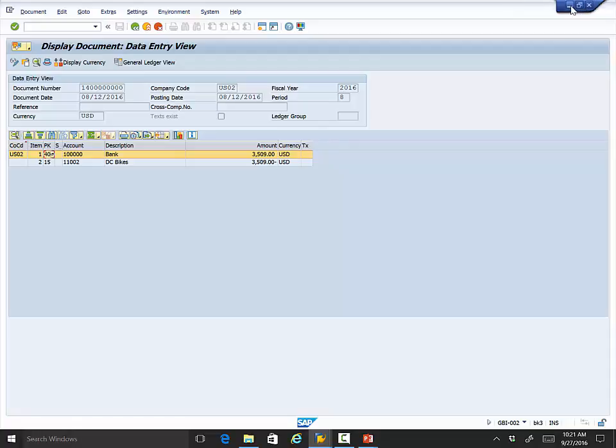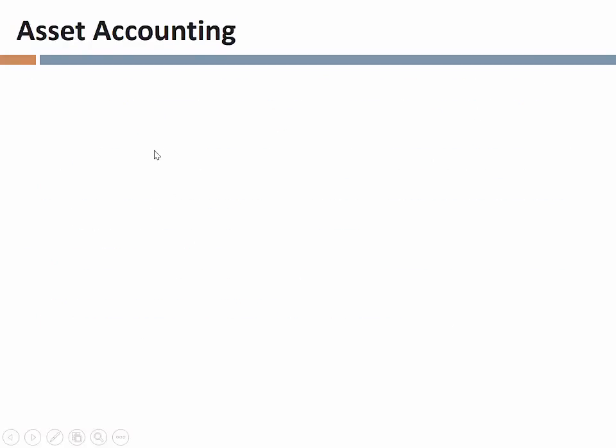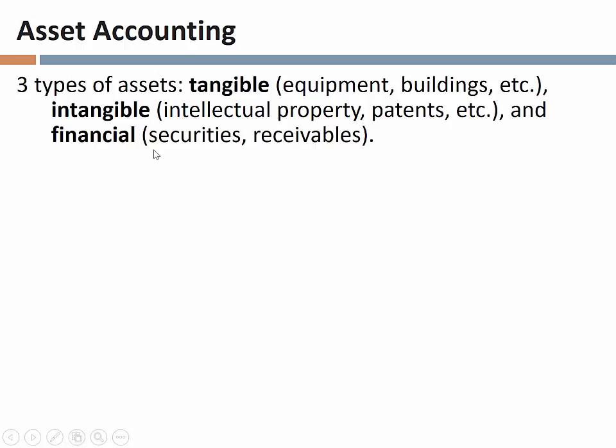All right, let's change gears here and move on to another important topic in financial accounting, and that's asset accounting. There are many different ways that we could think of different categories of assets, but one way that we tend to think of them in our ERP system is we think of tangible, intangible, and financial assets.